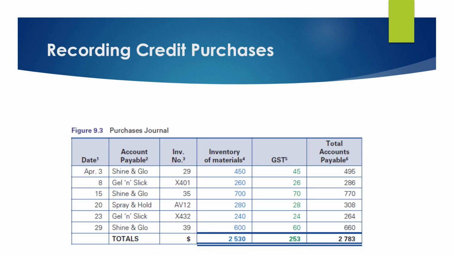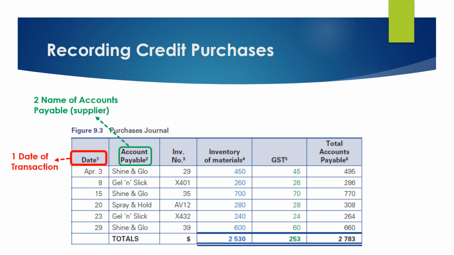We record credit purchases in the purchases journal, which looks something like this. In the first column, we record the date of transaction, followed by the name of the accounts payable, or in other words, the name of the supplier whom we owe. In this other column, we record the invoice number.